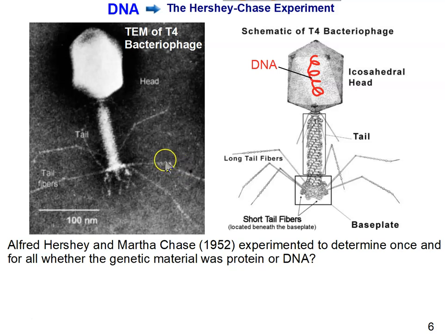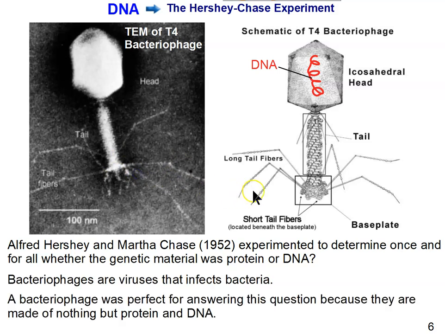And what's perfect about them for this experimentation is that they are made of nothing but the two compounds that were suspected as being the genetic material. In other words, they're made of nothing but protein and DNA. The outside of the virus, basically the whole body of the virus, is made up of protein.